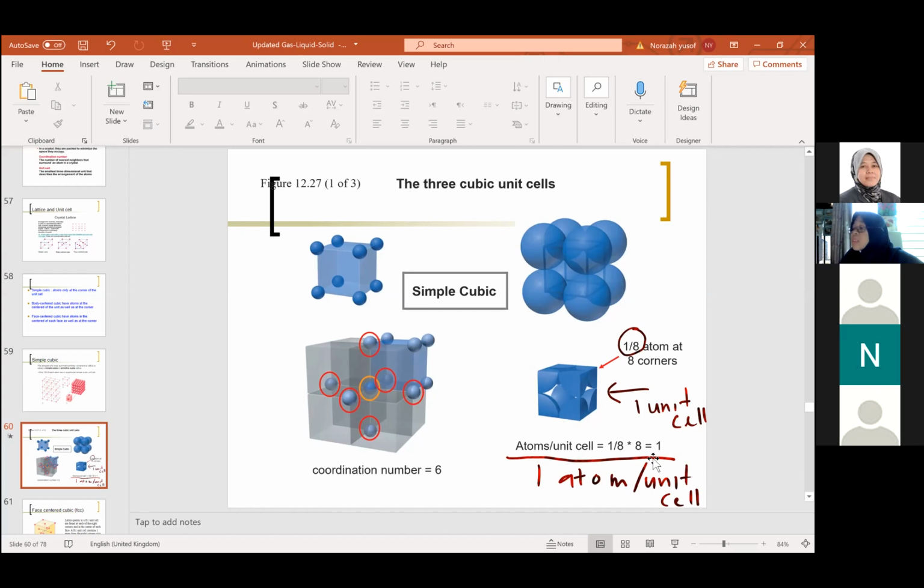This is important information that you have to know. For simple cubic, you have 1 atom per unit cell, and why is that? Because each corner contributes 1/8, and of 8 corners, you get 1 atom.